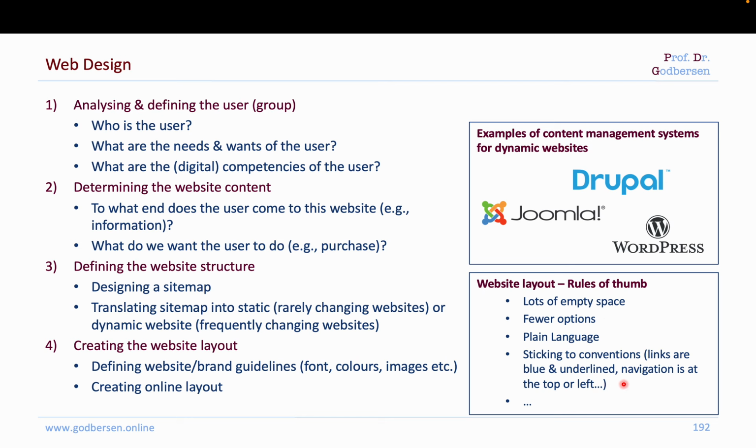We're all lazy, as human beings, and we're not good at getting into new stuff. So links are traditionally blue and underlined. The navigation is normally at the top or on the left. There might be the odd one out where you try some super creative new structure and design, but as a rule of thumb, keep on the proven tracks.